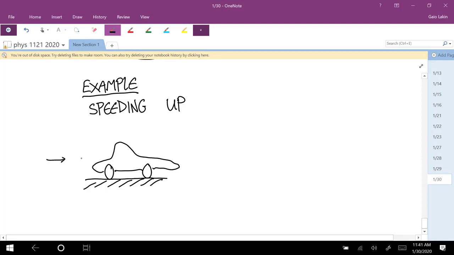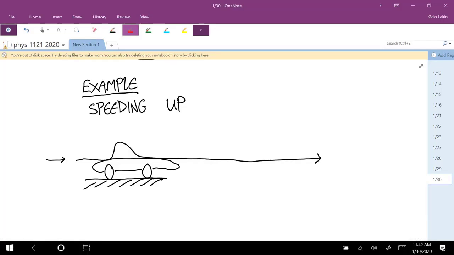So the path of the center of mass of the car would be like that. Okay. Let's figure out the directions of the velocity and acceleration. In this case, at this point, the velocity is tangent to the path, which for a straight line is just straight along the path.